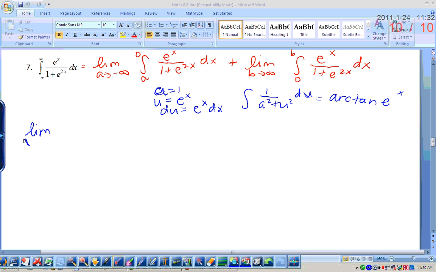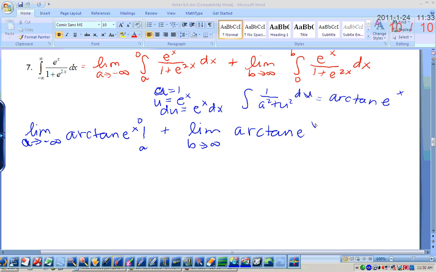All right, now it's just a lot of notation. So arctan e to the x from a to 0 plus the limit as b approaches infinity, arctan e to the x from 0 to b.